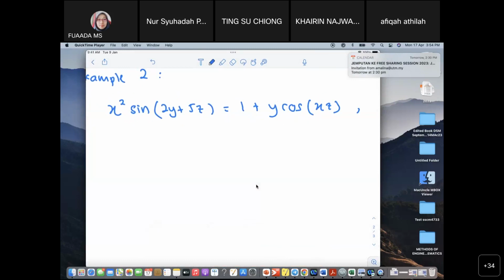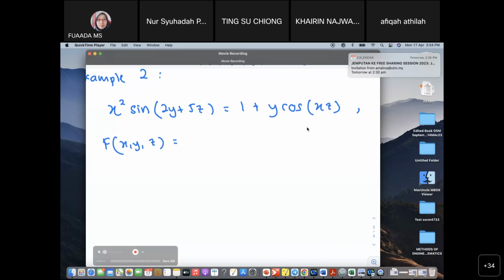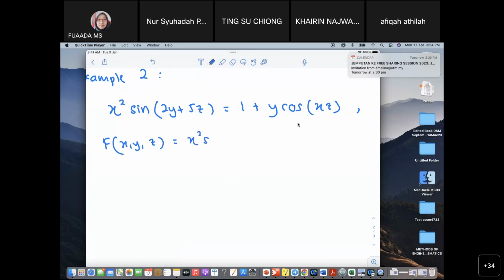First we have to write down the new form in terms of x, y and z, because you can see here there is x, y and z. So it becomes x square times sine of 2y plus 5z minus 1 minus y cos of xz equal to 0.